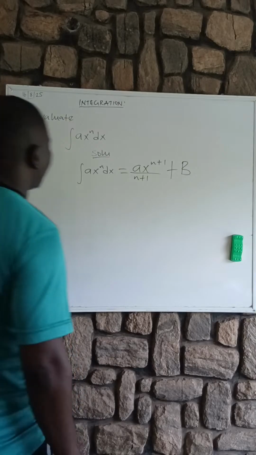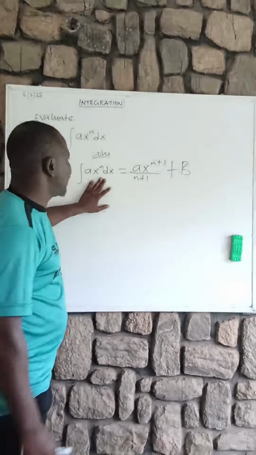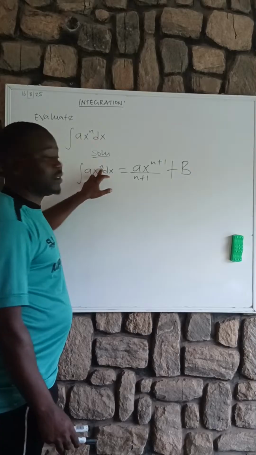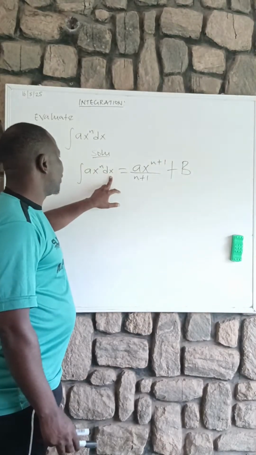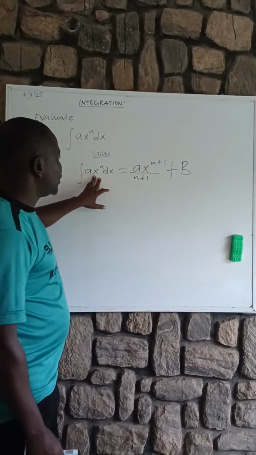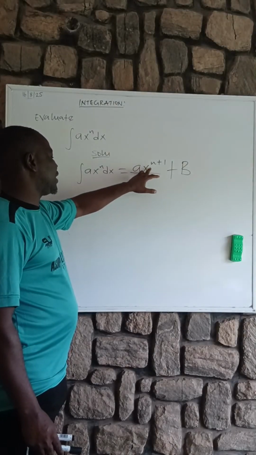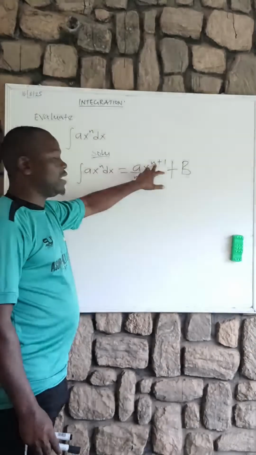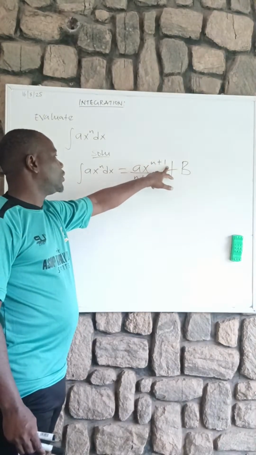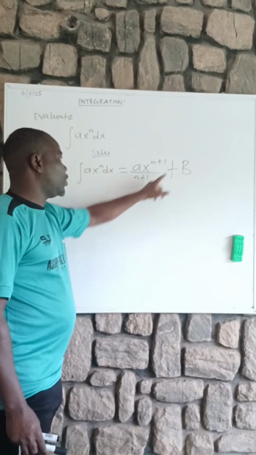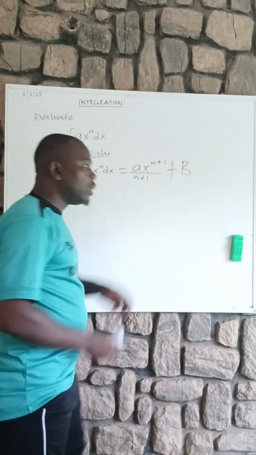It is not clear how. I said if you are asked to integrate any function, what do we have here? We have ax raised to the power of n dx, true or false? So now, here will be ax raised to the power of n plus 1, divided by what you have added, n plus 1, plus any constant.